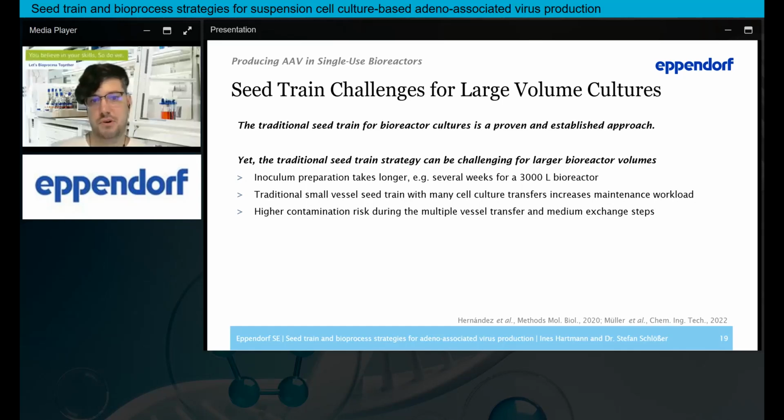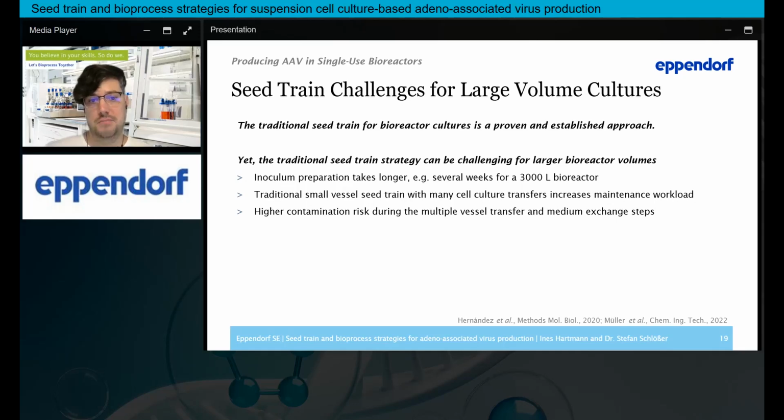For example, if you're working with large bioreactor volumes, let's say a really big bioreactor with 3,000 liters of volume. This is actually what comes from the literature. It can take several weeks for a seed train to be established in a traditional way, in shake flasks, for example, or bags.